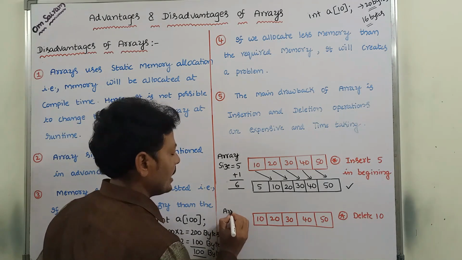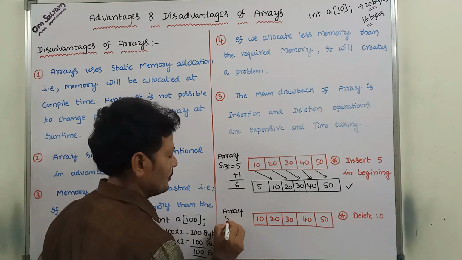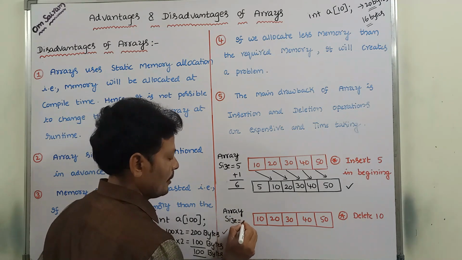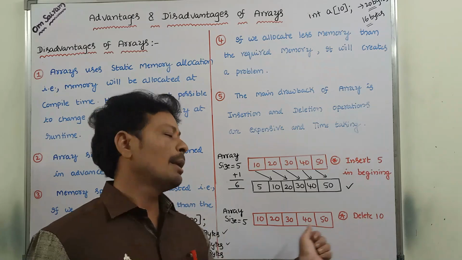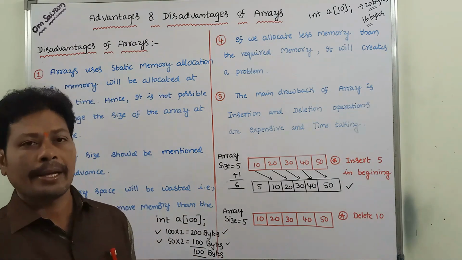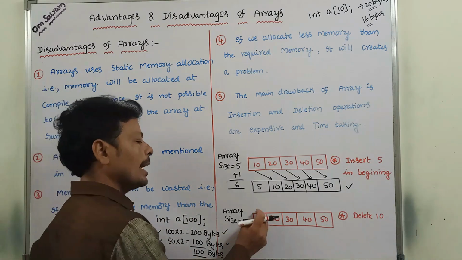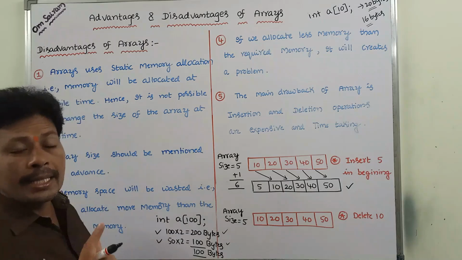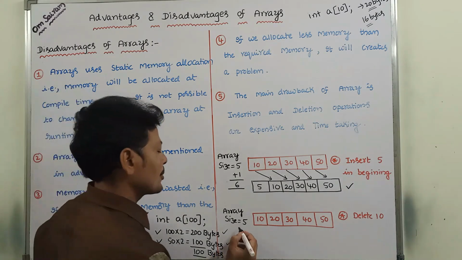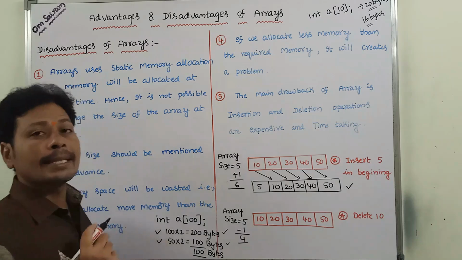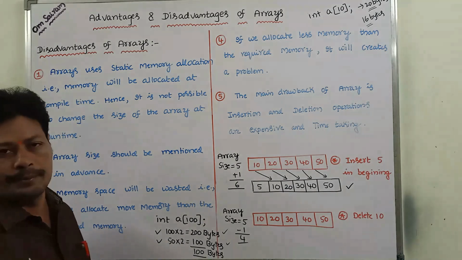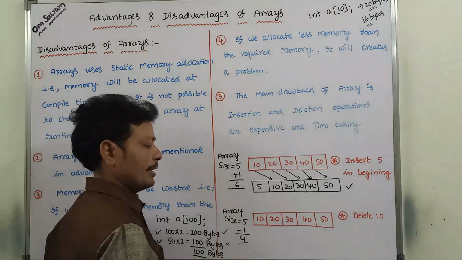So array size is 5. After deleting element 10, array size can be decremented by 1, so 5 minus 1, that is 4. Array size should be 4 after deleting 10.